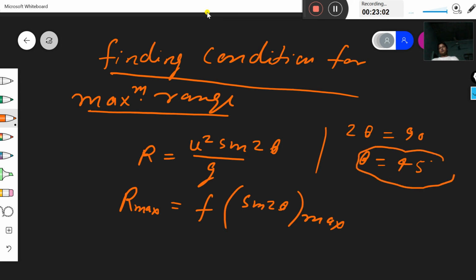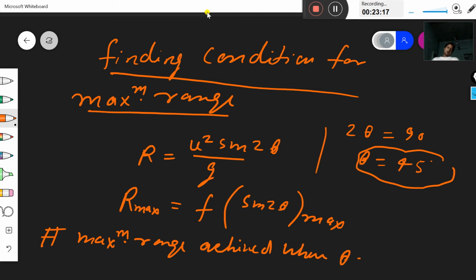So maximum range is achieved when theta is 45 degrees, when the angle of projection is 45 degrees.